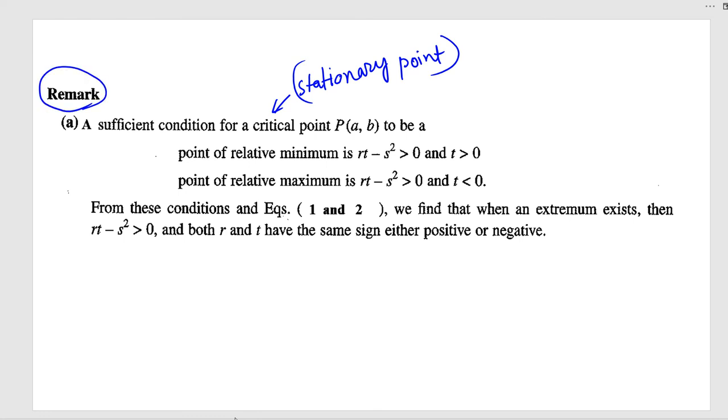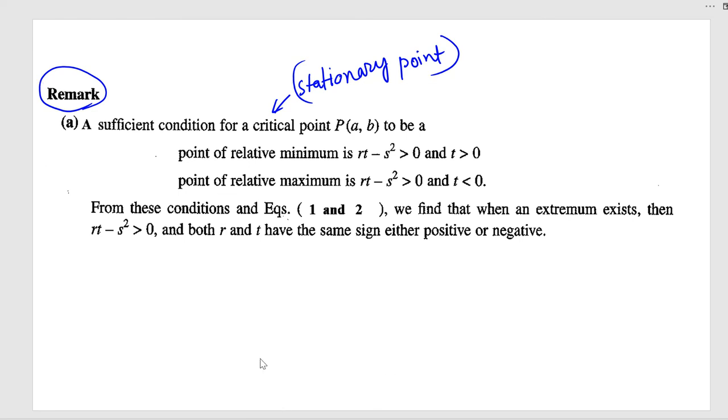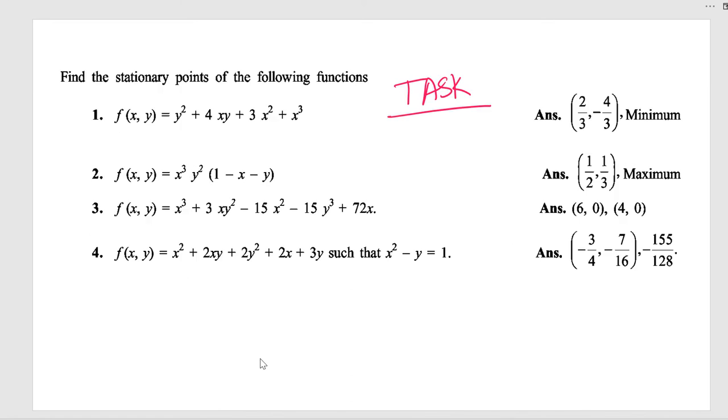In fact, both are actually the same, and we don't need to mention it separately. Just to recall, I think I should call it sufficient. Remember this. So these are the tasks you can verify.